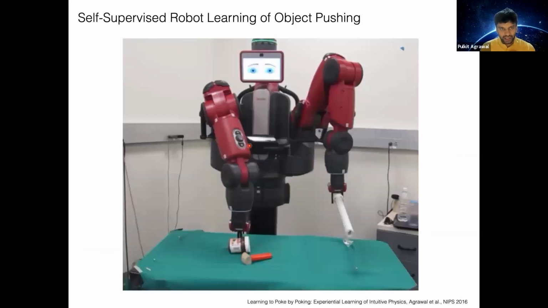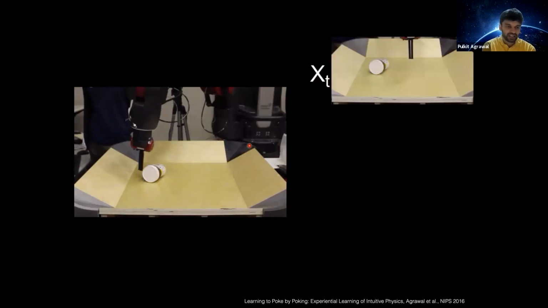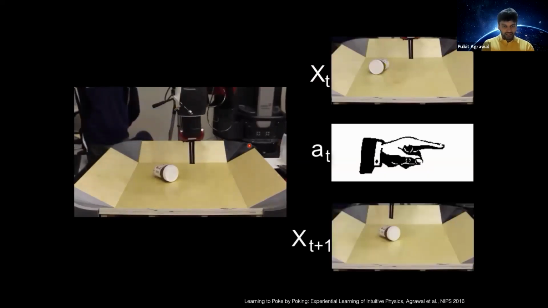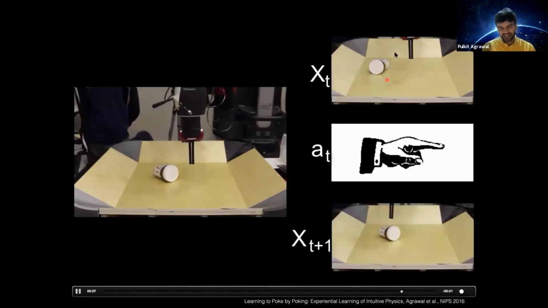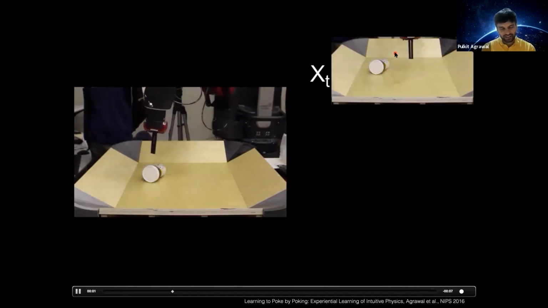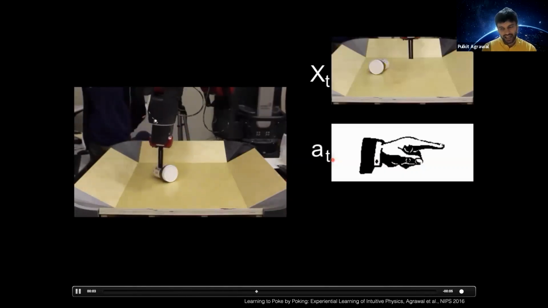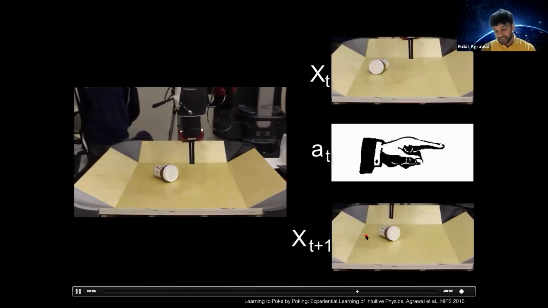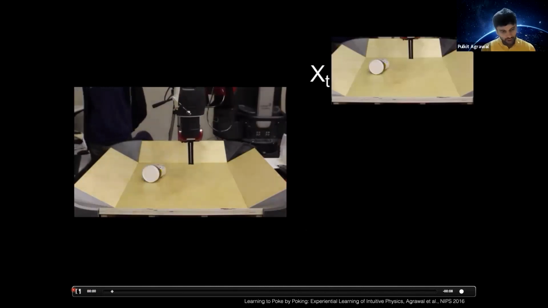So now, for example, I can take a system which was pushing objects. This robot has an image xt as input, it executes an action, and then I get my next image. In the previous lecture, we saw how we can leverage forward models to push objects. In this lecture, we'll start off by seeing how we can use inverse models to push objects.